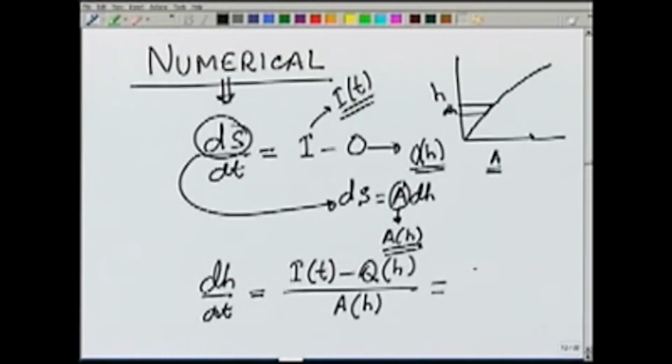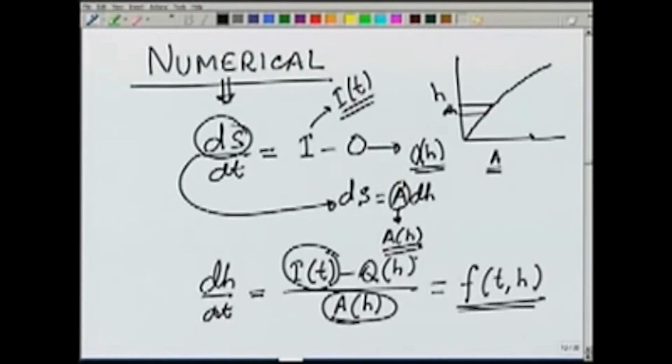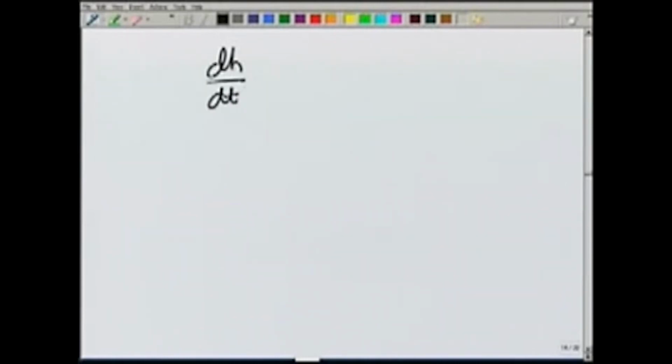We can write this as some function of time and h, where this is a known function because area is a known function of head, inflow is a known function of time, and q is a known function of the head over the spillway. So, this gives us a differential equation of the form dH by dt equal to a function of h and t, which can be solved by using various available numerical techniques.